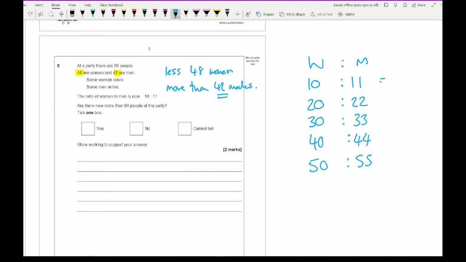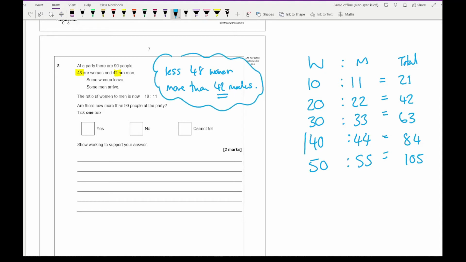Now if I total up these ratios, we've got 21, 42, 63, 84 and 105. For this, we need to meet the criteria, and the only one that meets that criteria is this ratio here.